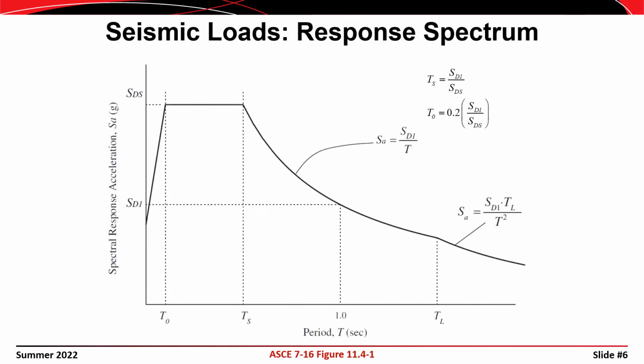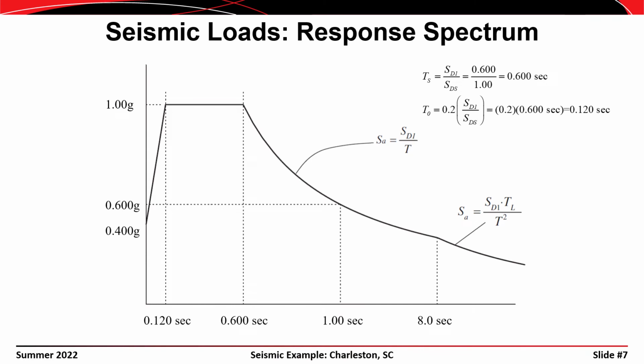Next, we'll look at the response spectrum for the site, and this is the form of the response spectrum without any values posted in. And then, of course, we can fill in the values. On the horizontal axis, we have T naught equal to 0.12 seconds, and then we have T sub S equal to 0.6 seconds. Then we have the 1 second period, of course, and then T sub L equal to 8 seconds.